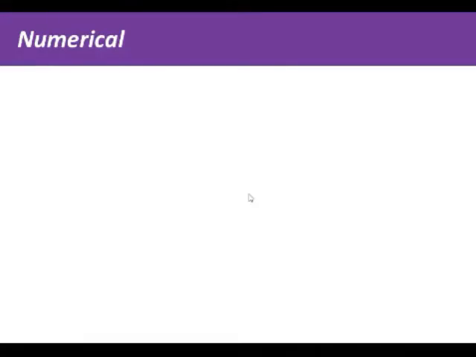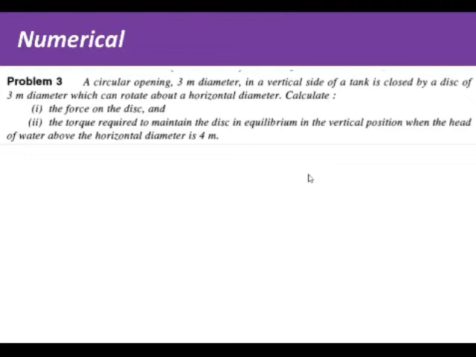So today we are going to see the next type of problem, that is the problem on dam gates. Everyone write down: a circular opening 3-meter diameter is closed by a disc of 3-meter diameter which can rotate about the horizontal diameter.